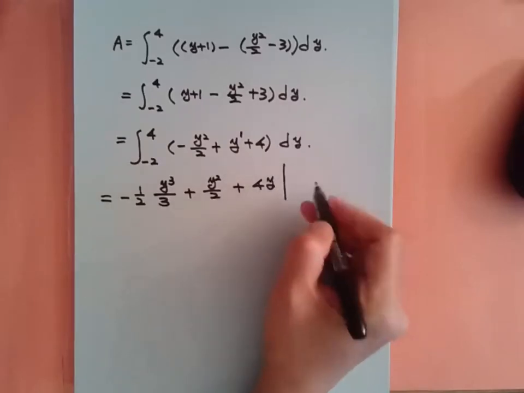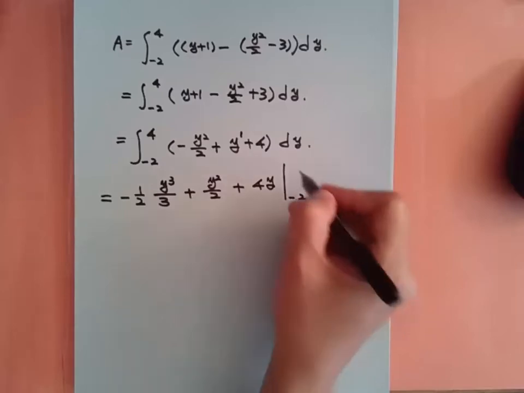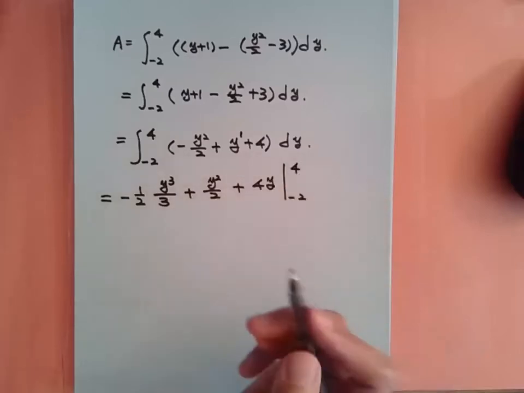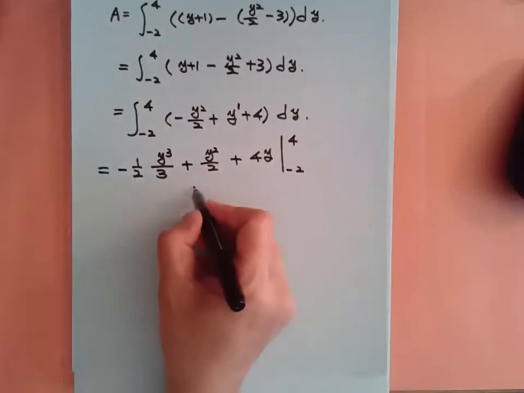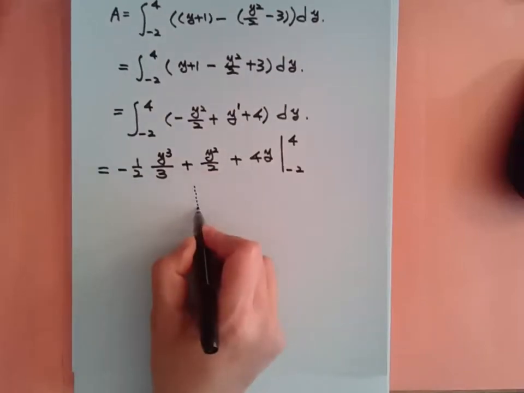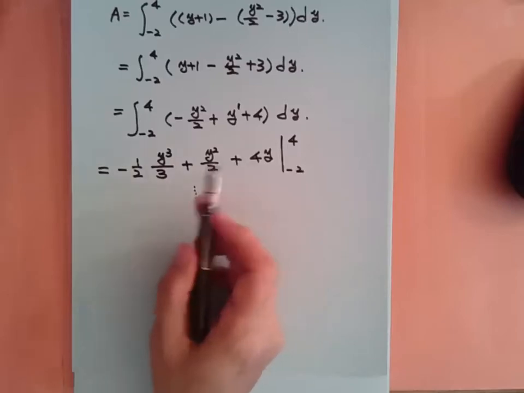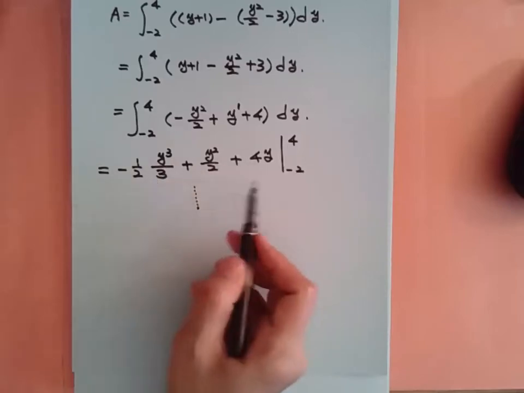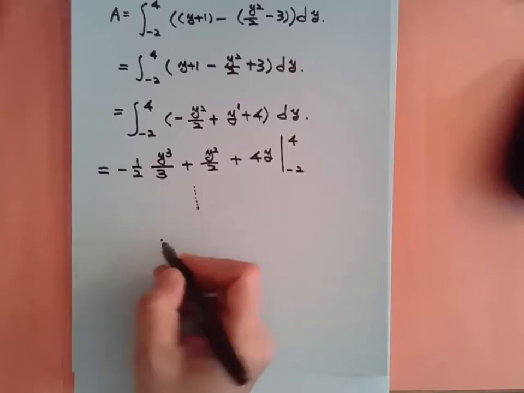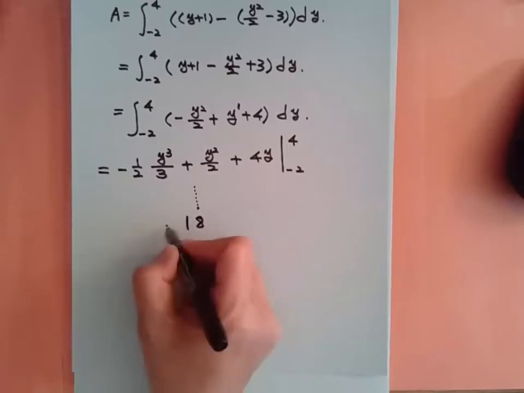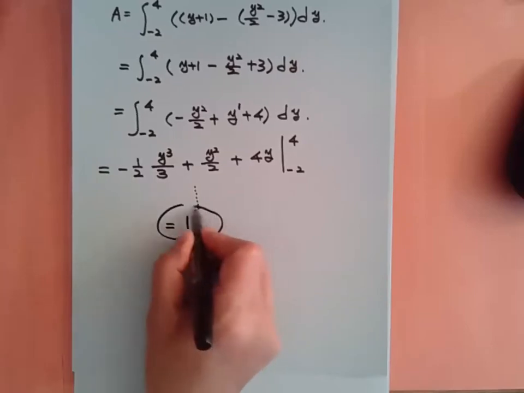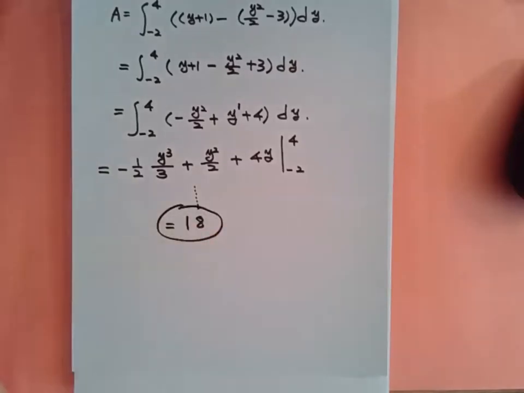We evaluate from minus 2 to 4. I do believe you can proceed with the mechanical calculation from here, because all you have to do is plug in and subtract. After you go through all the calculation, you should get 18.